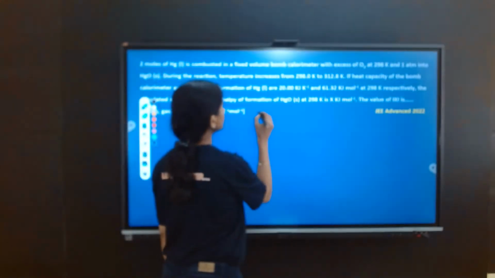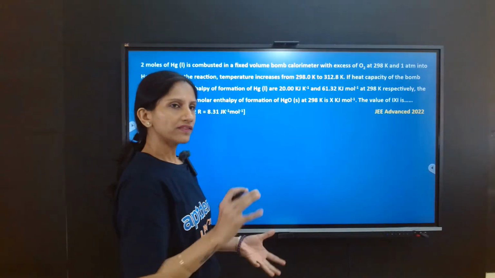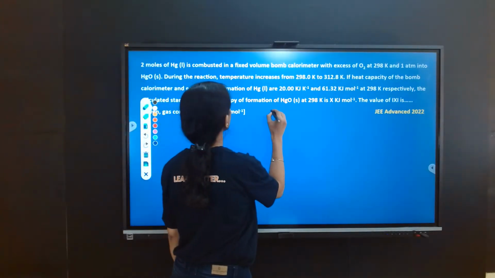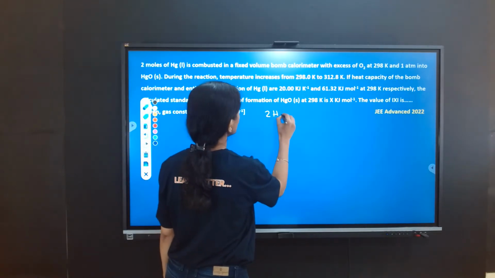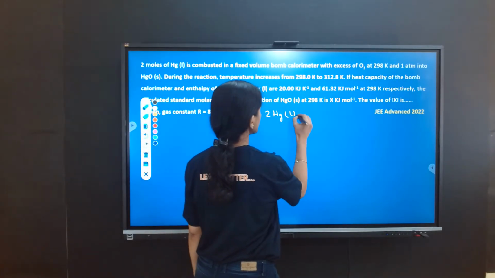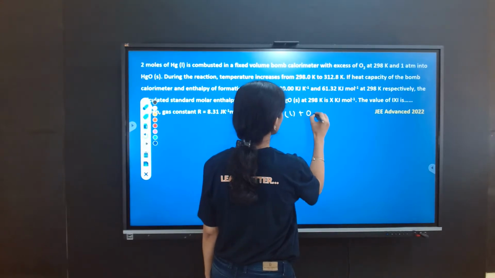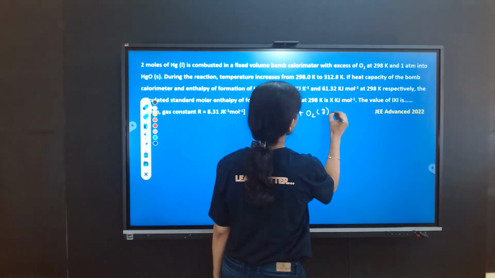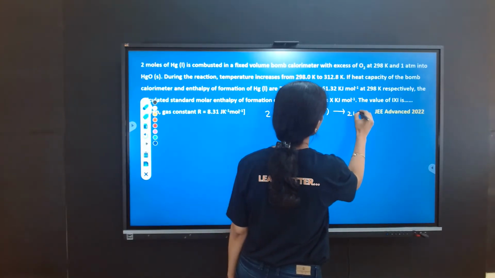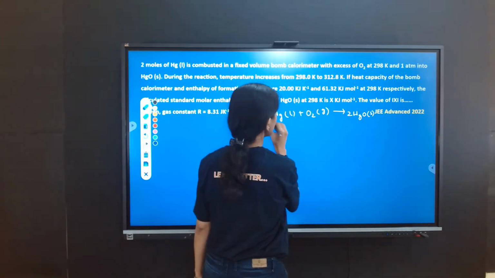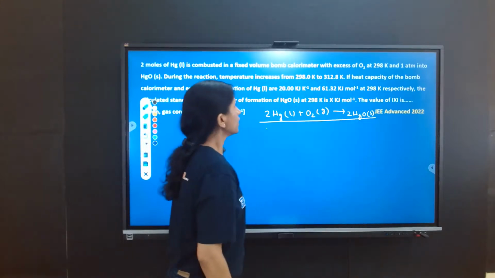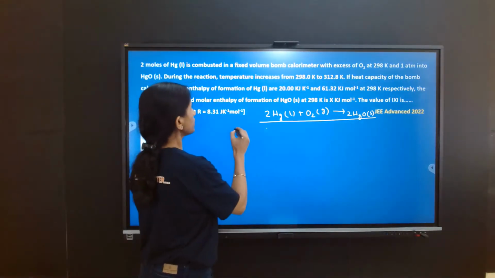We can start by writing down the combustion reaction. The reaction is 2Hg liquid plus O2 gas giving you 2 moles of HgO solid. This is the basic combustion reaction. What other information is given?